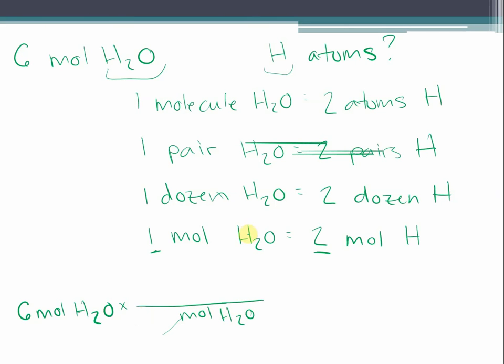And I can go straight from moles of water to moles of hydrogen. That's a conversion factor that I know. So I can put moles of hydrogen up here. And in every 1 mole of water, there are 2 moles of hydrogen. So I still have to convert one more time to find atoms, right? That's what I'm looking for, is atoms of hydrogen. I'll do times a fraction.